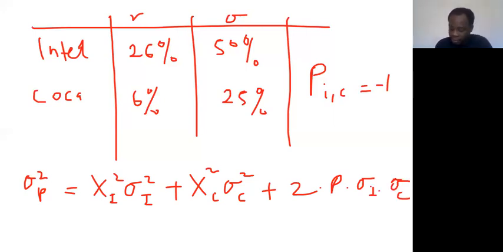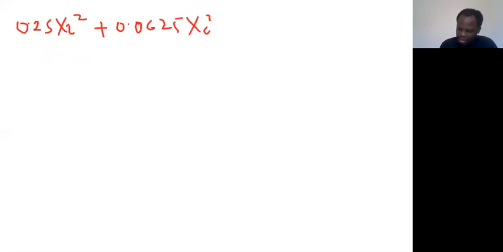So let's replace the information that we have into this so that we will be left with only xi and xc squared. Great. If I replace the information of volatility, I'm going to have 0.25 xi squared plus 0.0625 xc squared minus 2 xi xc multiplied by 0.125.